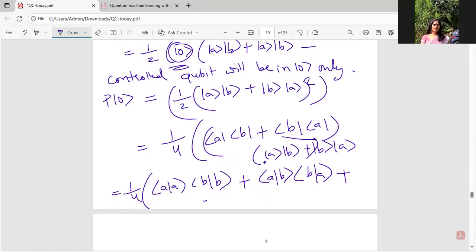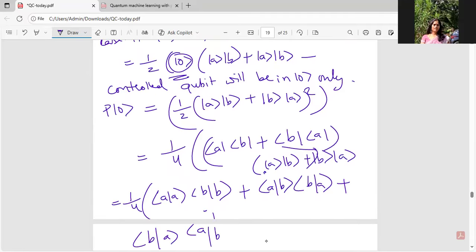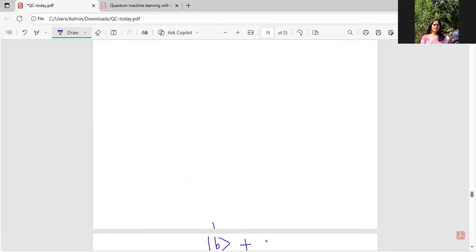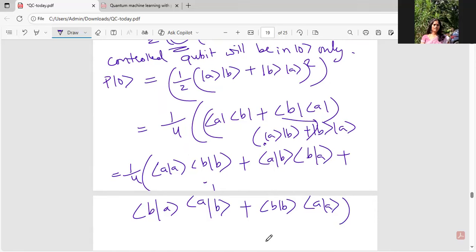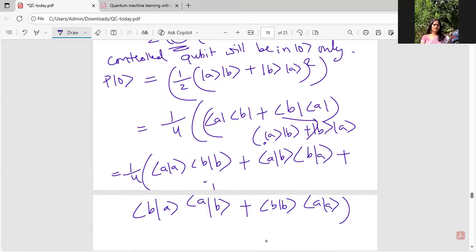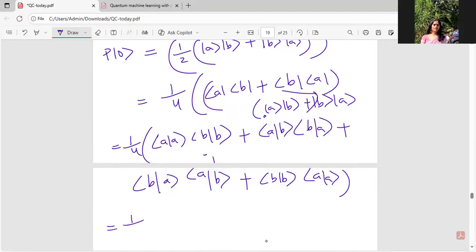Now coming to the second term, what it gives me is the inner product of BA and AB, plus the inner product of B and the inner product of A is what I will get. Now, next, I know that the inner products of the same terms are ones and the inner products of the different terms are zeros because of the orthonormality.